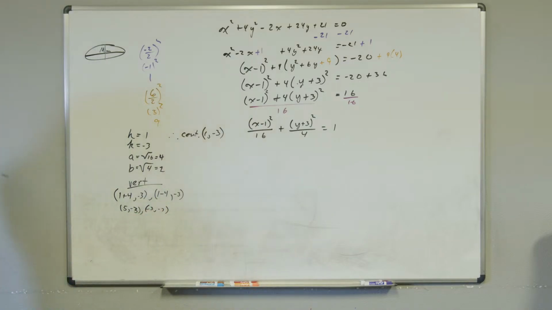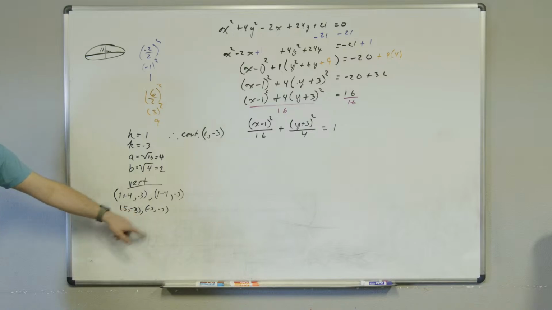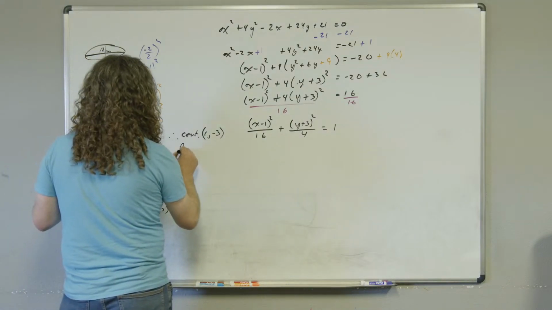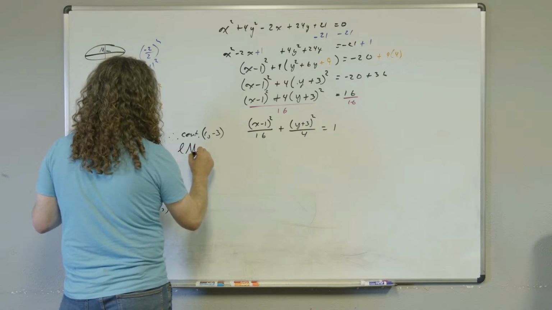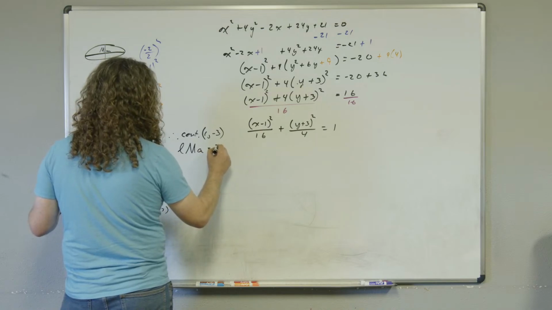So how would we, from that information, tell the length of the major axis? Find the distance between 5 and negative 3. What is the distance between 5 and negative 3? 8. So the length of the major axis is 8.